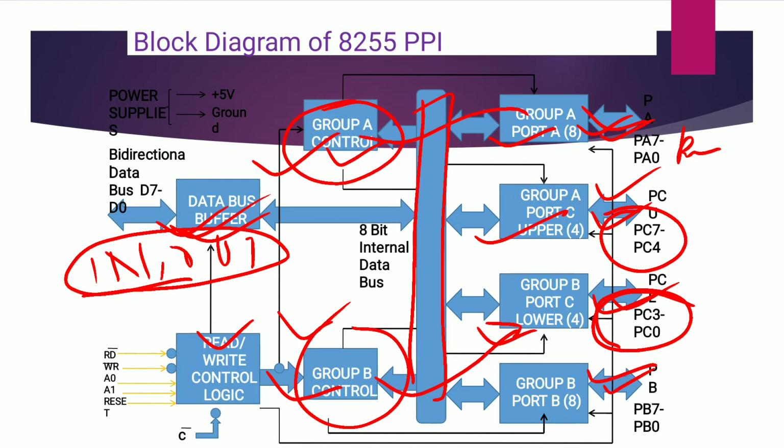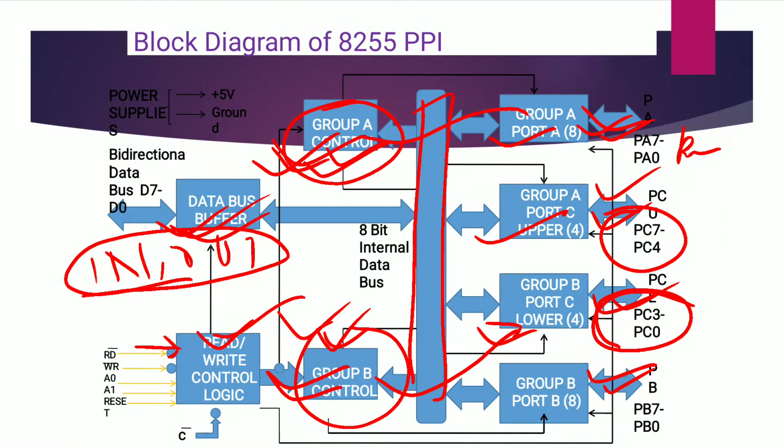There are separate control units for group A and group B that get their control signals from the main read-write control logic block. The control logic receives individual control signals as input and responds accordingly. Group A and group B are represented by the control blocks, that is group A control and group B control.